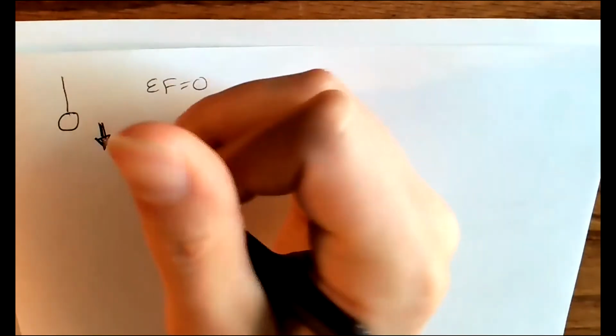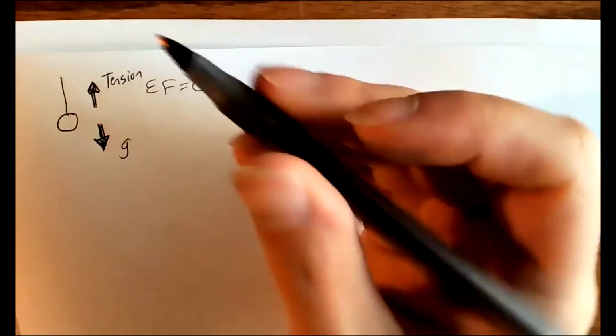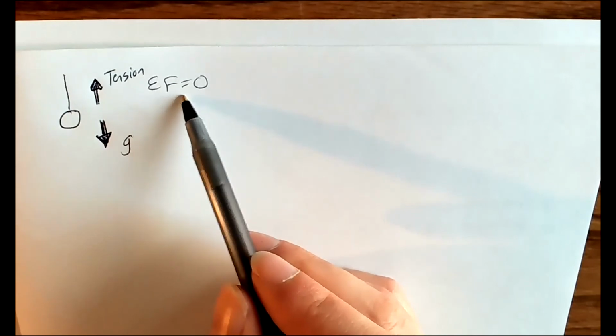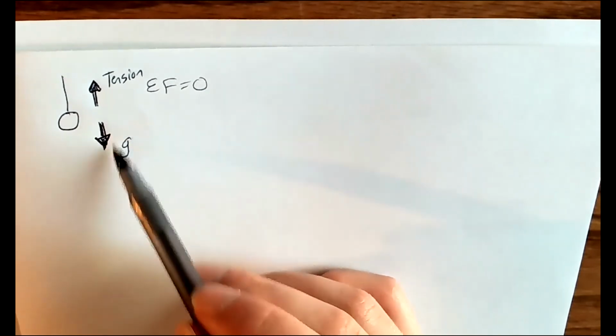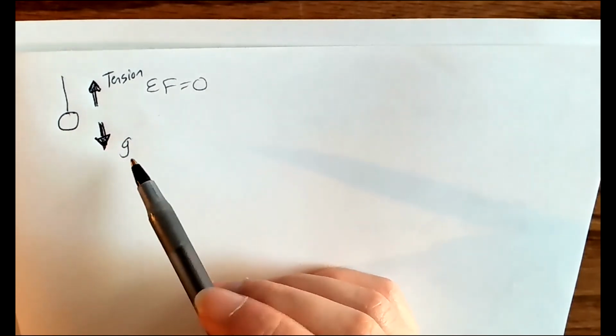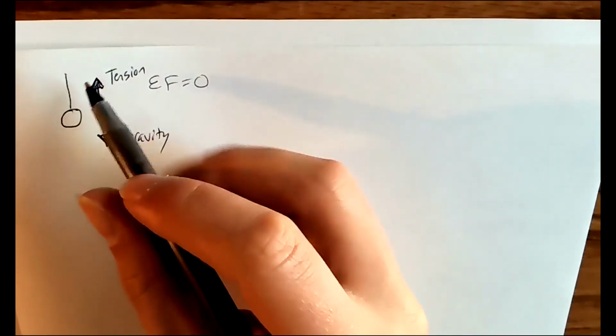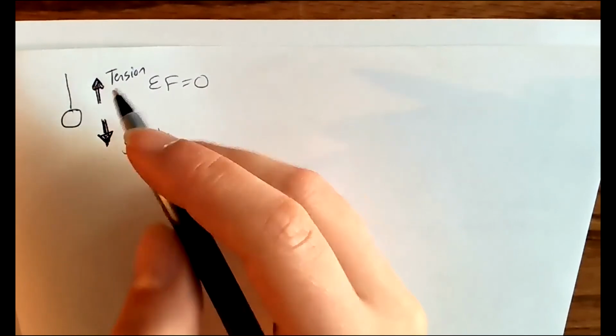And then there's tension from the rod or whatever's hanging the ball. For the sum of forces to equal 0, this gravity force has to have an opposing tension force going the other way.